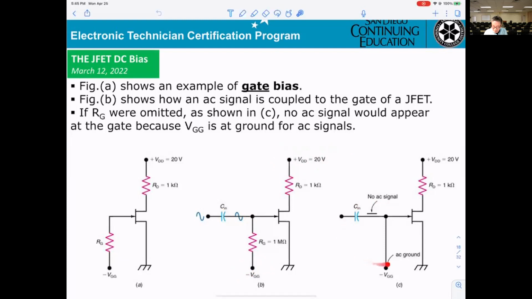They show you on this picture here, if you don't have a resistor RG, VGG being AC ground will short the signal sideways to ground. So that's why it cannot work. That is the reason why we need the RG. It can be 1 megaohm or higher.